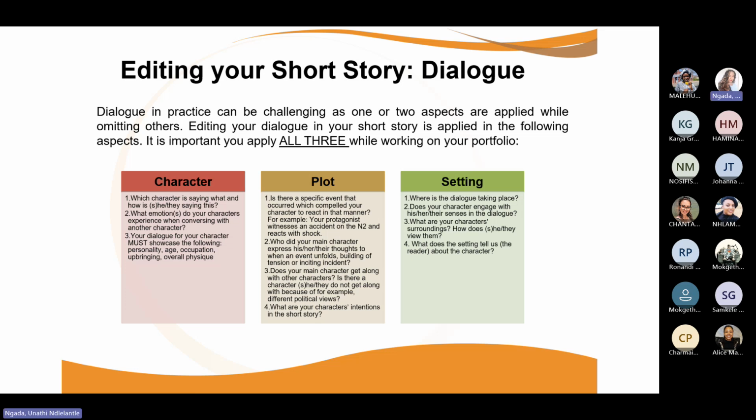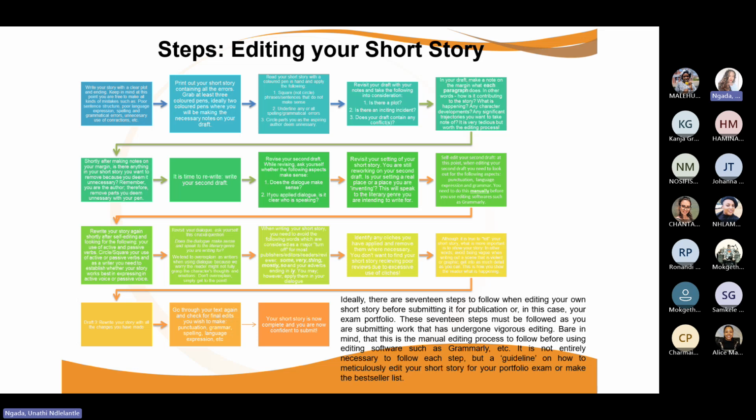Then the second aspect. This is something that is applicable, I would say, in the real life setting. So if, for example, there's a book that you're writing and you want to publish it, you want it to be on Takealot, on Amazon, on Books a Million, Exclusive Books, then this slide would be applicable to you.